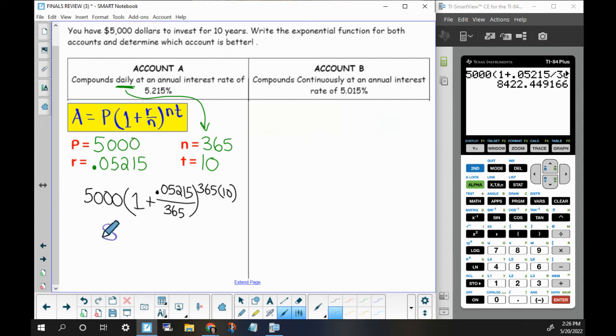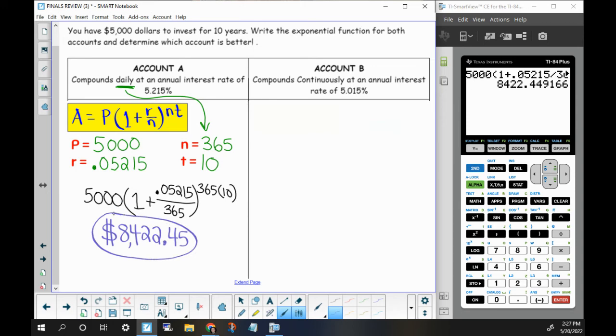So we have $8,422. And how many cents, guys? Especially for rounding. Good, 45 cents. So there is your value for account A.